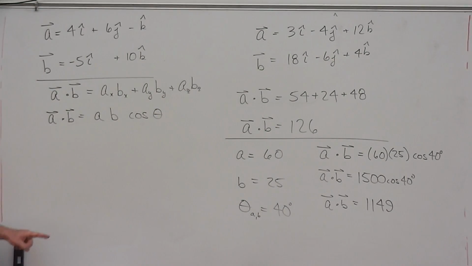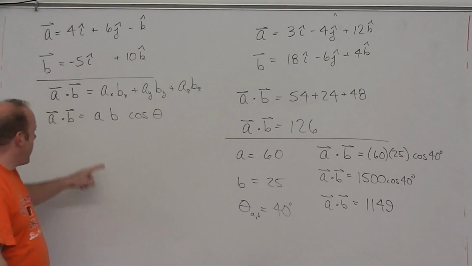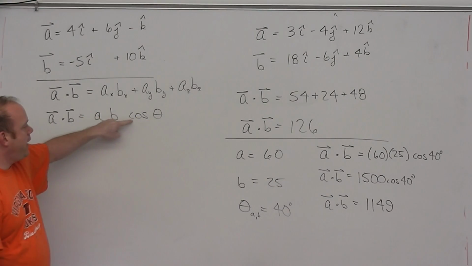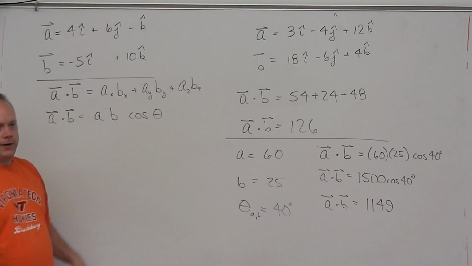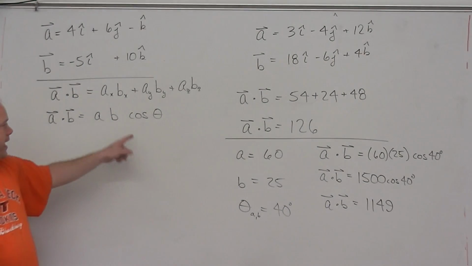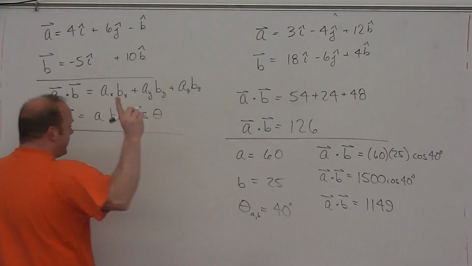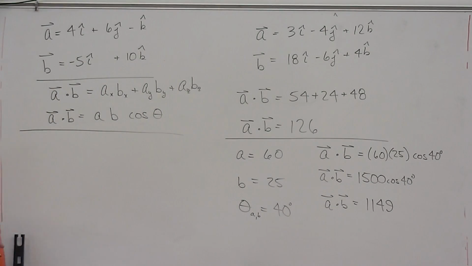So now, here's the thing. I can find the magnitude of A. I can find the magnitude of B. All I have to do is figure out what cosine theta is. Now I can solve for cosine theta. I'm going to have to introduce one other vector property that I haven't done yet.